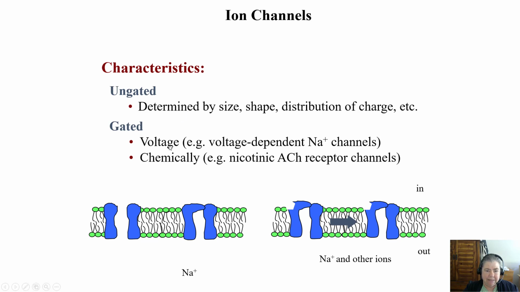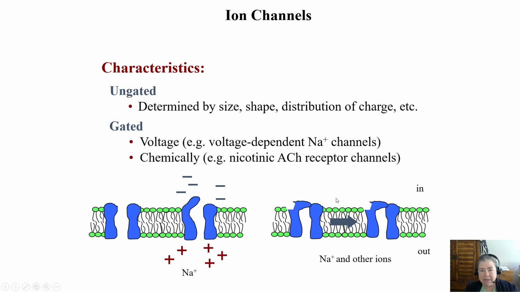But gated channels are gated either by voltage or chemically. So there are voltage dependent sodium channels that only open when there's a change in the voltage across the cell membrane. And here we're showing a voltage gated sodium channel that opens when the voltage changes, allowing sodium to cross.